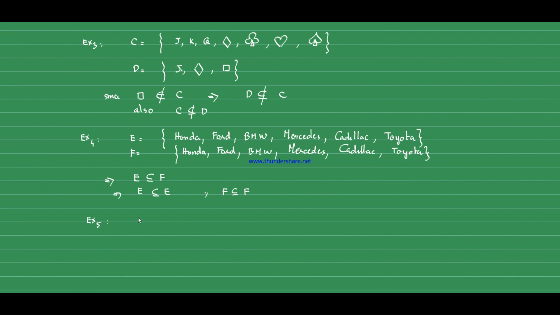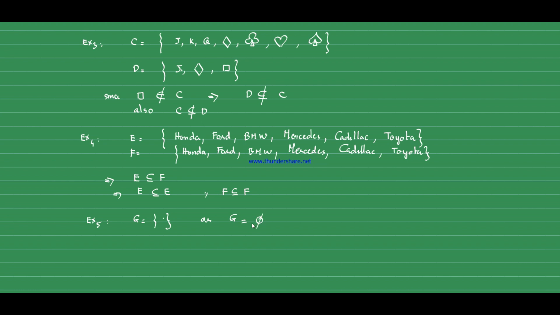So the empty set. Let's say I create an empty set G. We can write it like this. Don't put a zero, because if you put a zero, it means it's not an empty set anymore. You don't put anything, or you can write G as just something like that. So G is the empty set.